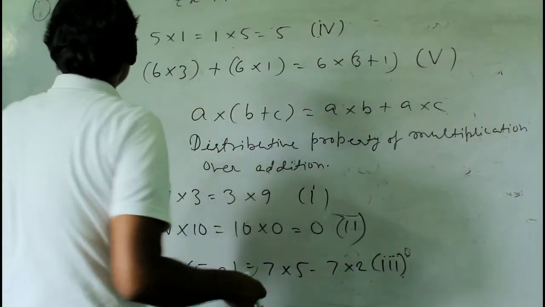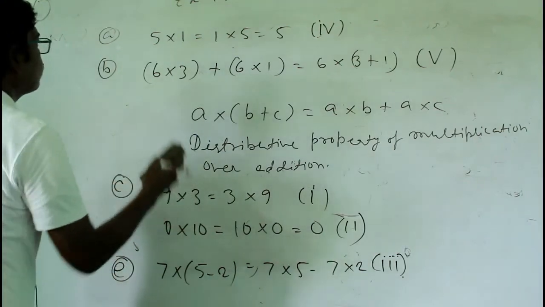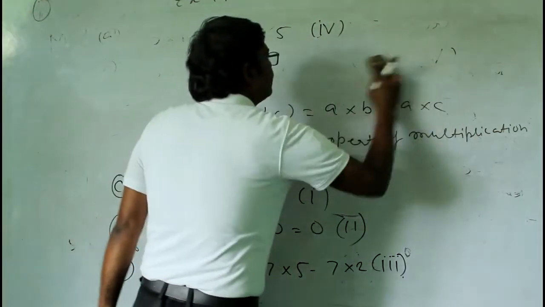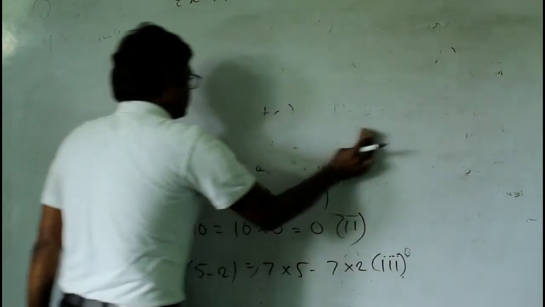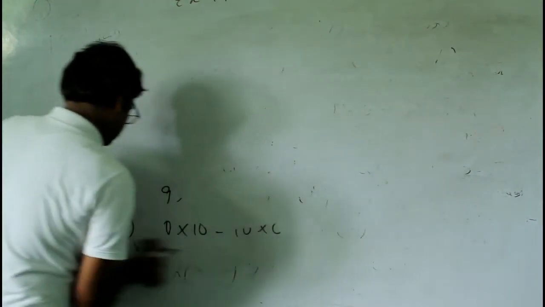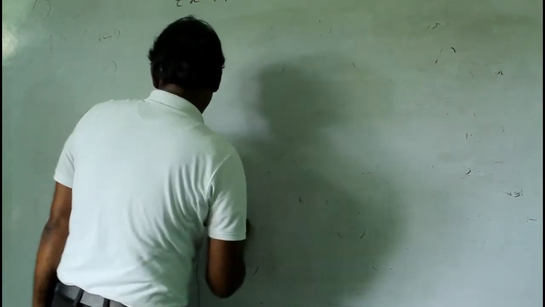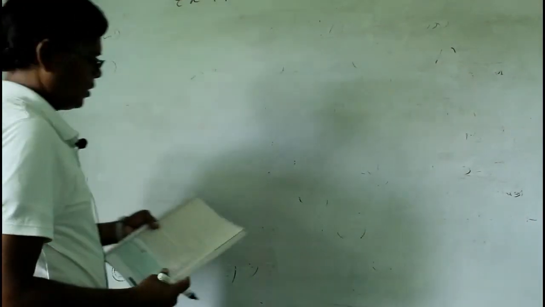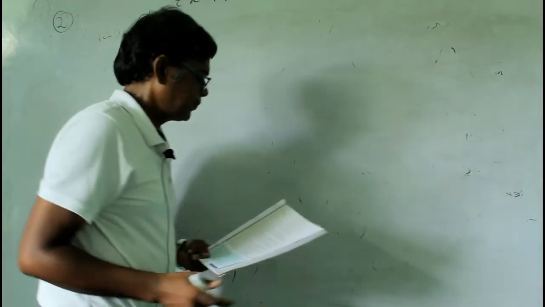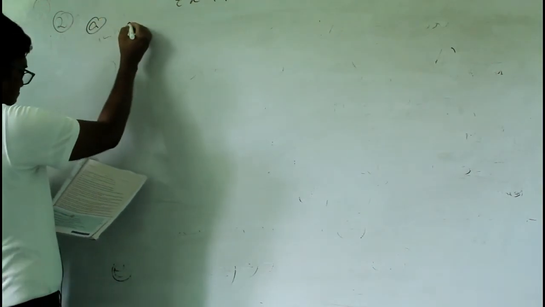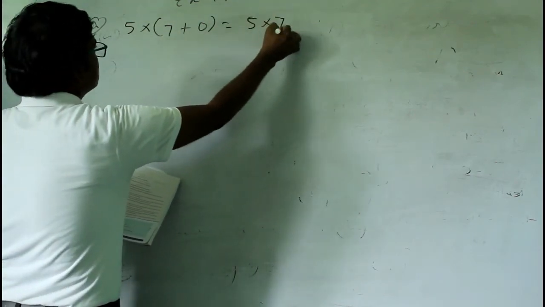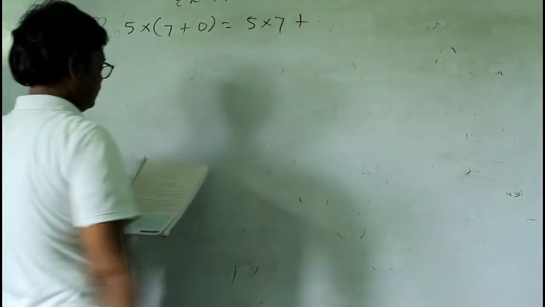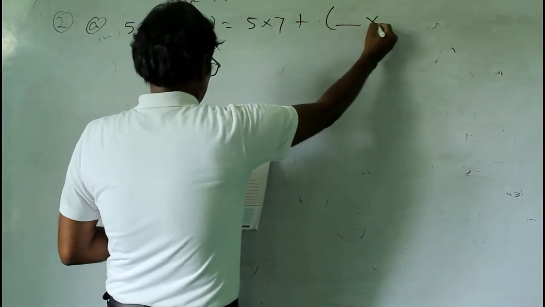Now question number 2. Fill in the blanks. The first is question number A. Here you have 5 into 7 plus 0 equal to 5 into 7 plus dash into 0.